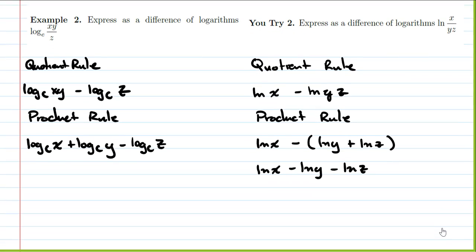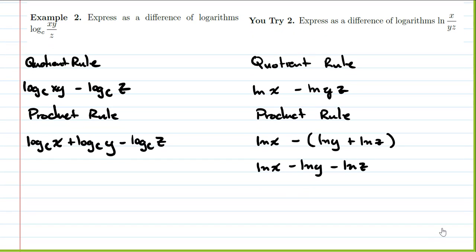natural logarithm of z. If we look at our original problem, which variable was in the numerator? X, and that logarithm is positive. Which variables were in the denominator? Y and z, and both of those logarithms are negative, right?